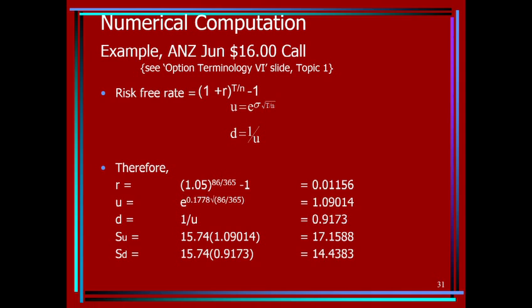And we also said that the stock price is 15.74 and the number of days to expiration was 86, if you still recall last week's lecture. No? Okay, you can always refer back to last week's slide, okay? So using those numbers, you find that 1 plus R, 1 plus 5%, 86 days to expiration gives you 1.1% interest rate.